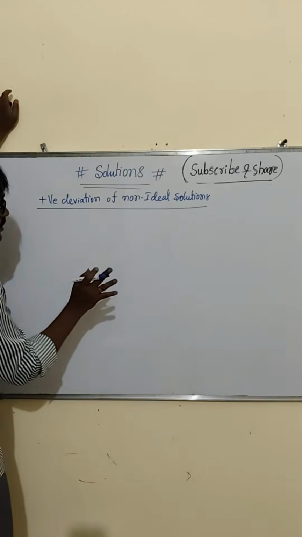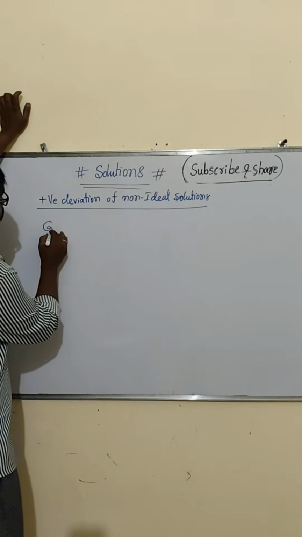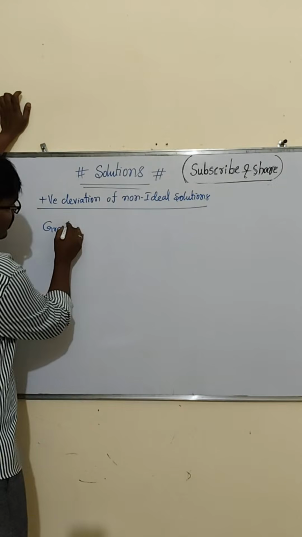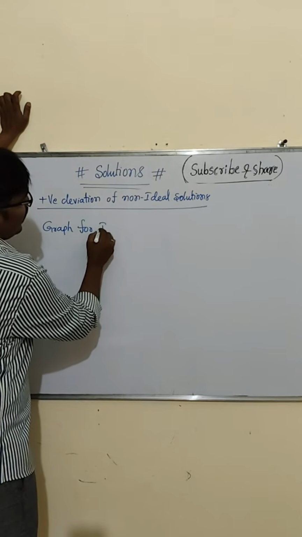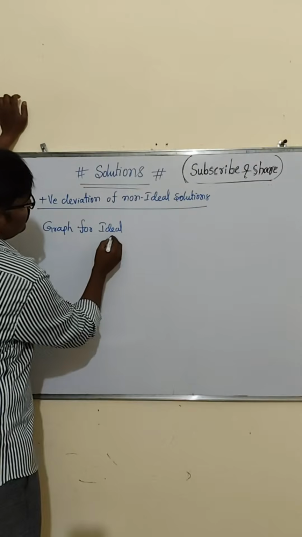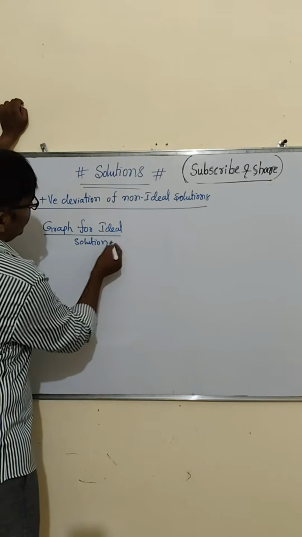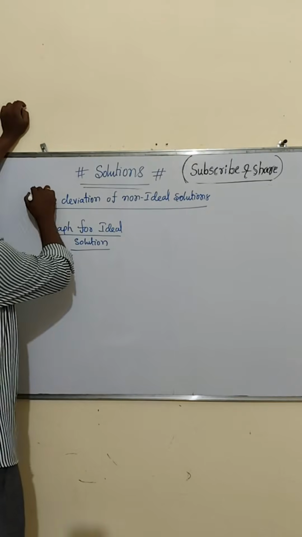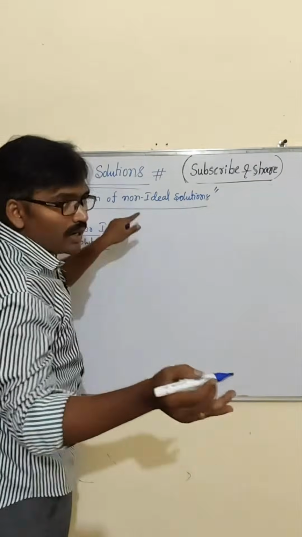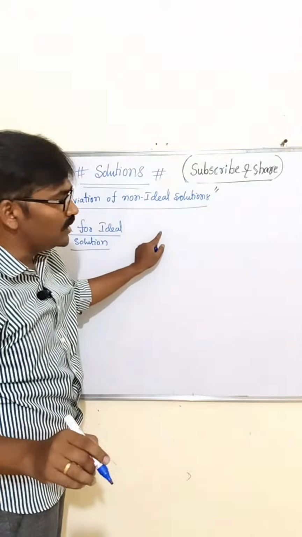So first, we are taking the graph for ideal solutions. Once the graph for ideal solutions is understood, then automatically the graph for positive deviation of non-ideal solutions will be understood.